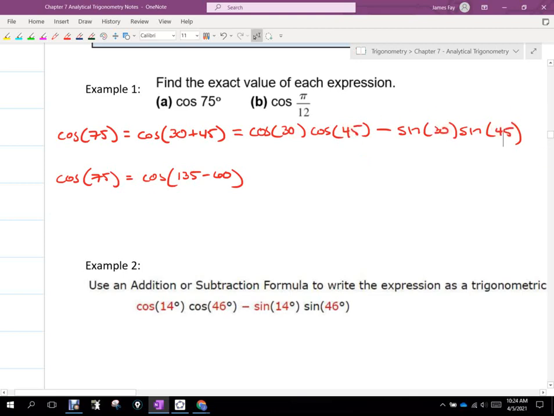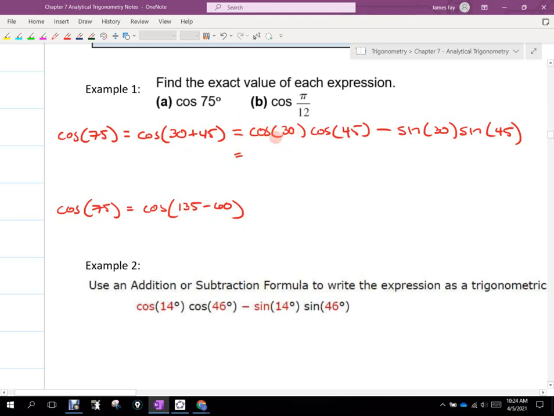And people always ask, does it matter if I went 30 plus 45 or 45 plus 30? Well, addition is commutative, and so is multiplication. So no, it doesn't. Obviously down here it would, because if I go 60 minus 135, I don't get the 75 I'm looking for. I get the opposite sign. But now I go evaluate. What's the cosine of 30?